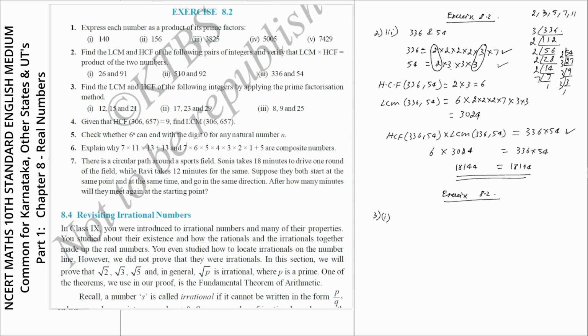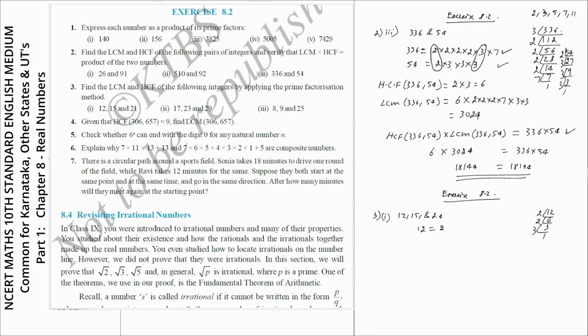Exercise 8.2, question number 3, sub question 1. Find the LCM and HCF of the following integers by applying the prime factorization method. The given numbers are 12, 15 and 24. So this problem is the same as the previous problem, but here 3 numbers are given, that's it. So 12, if I factorize, I'll get 2 6s are 12, 2 3s are 6, 3 1s are 3.